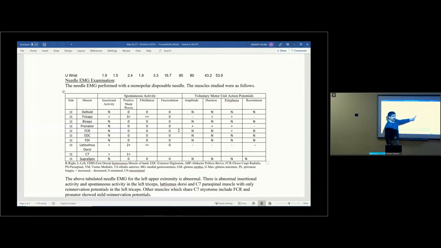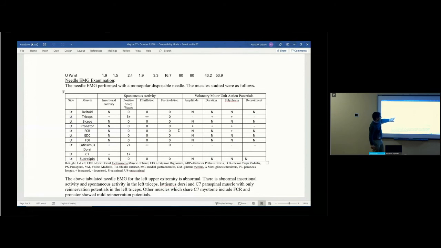It is also showing smaller amplitudes, increased duration, increased polyphasia, and reduced recruitment. So this is telling me that this happened within the last few months, less than 5 to 6 months, and more than maybe 8 to 12 weeks. So 2 to 4, 5 months is the duration of denervation.